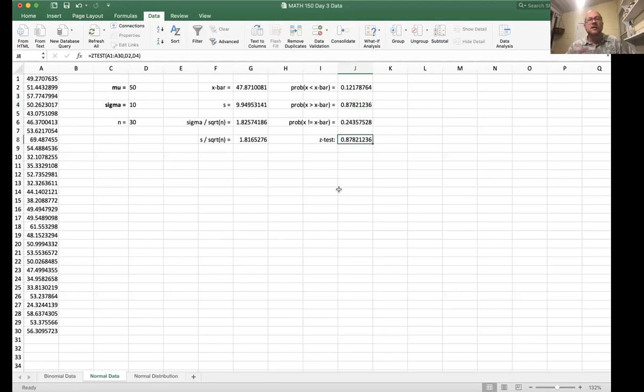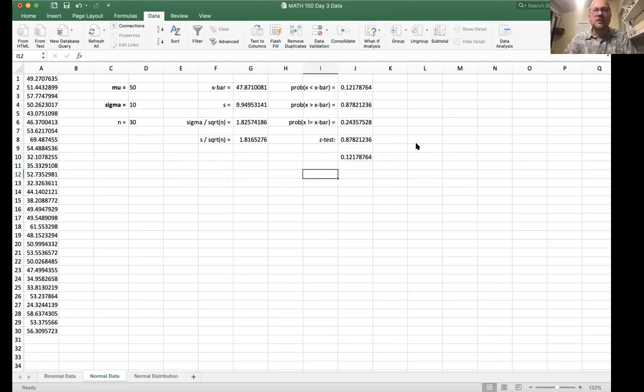Z-test will always give you the right tail. So if you're wanting to work with it, you should have the z-test done and the opposite of it done.